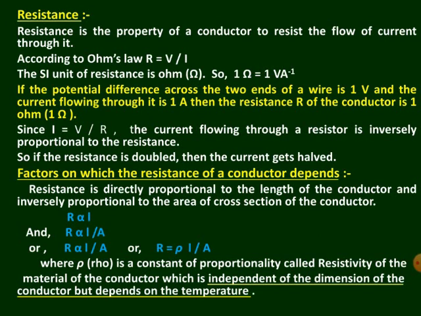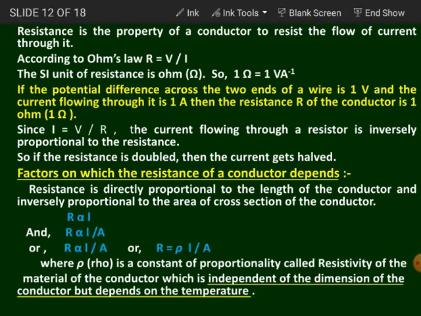Now resistivity, as I told you, is also known as specific resistance. If you try to express this rho, then rho will be equal to what? Rho will be equal to RA by L, right?